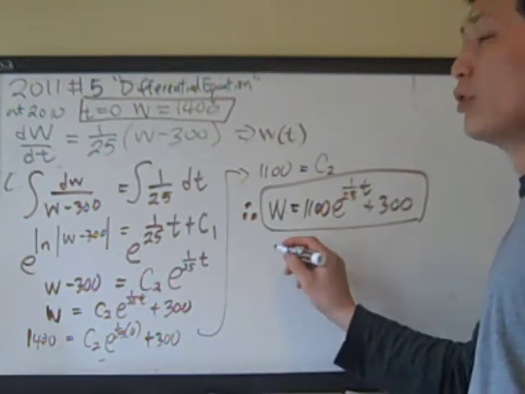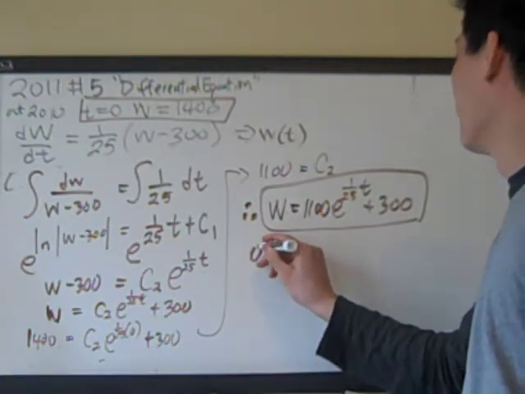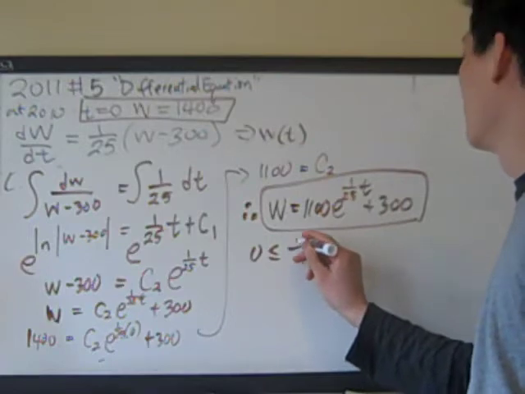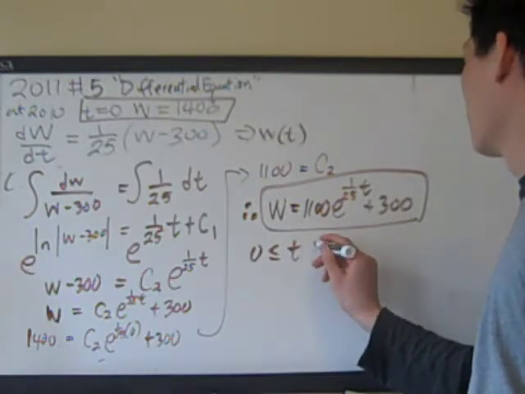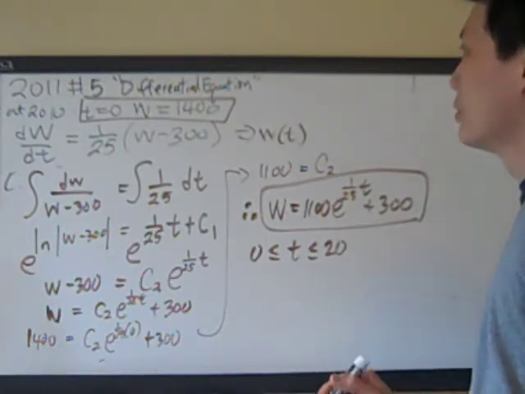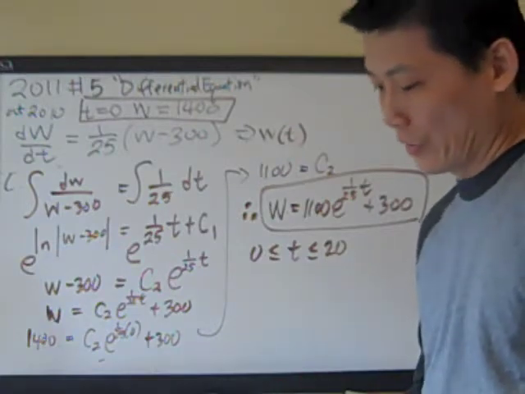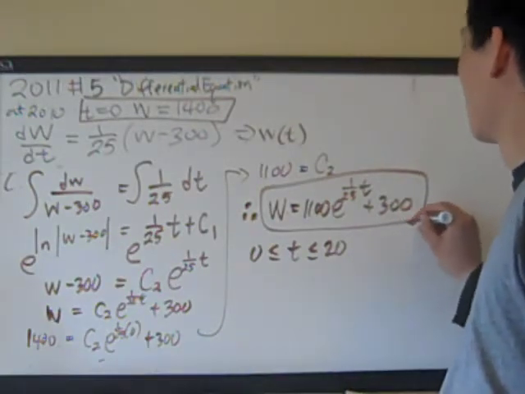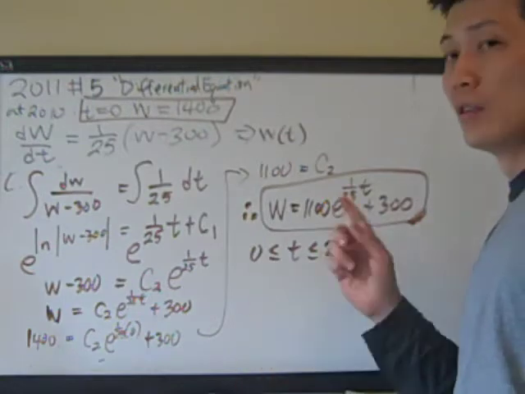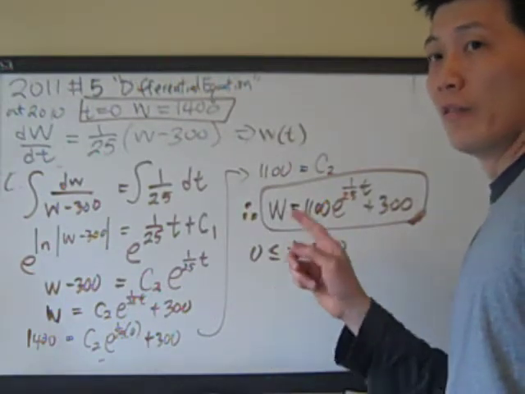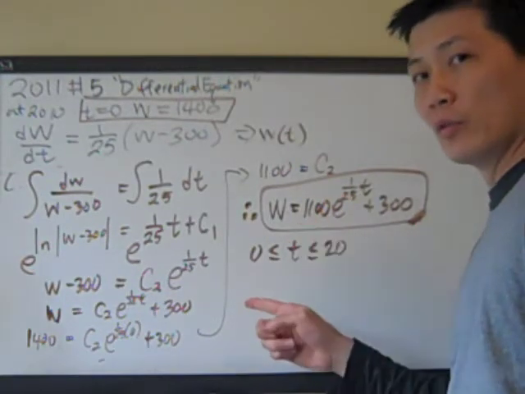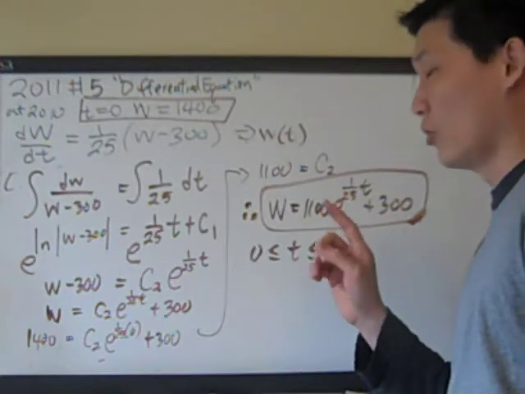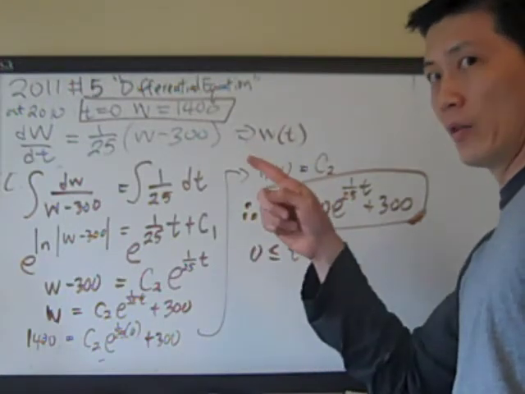And we can say the domain for t is 0 less than or equal to t less than or equal to 20, because we're talking about 20 years. And this is our answer. You see, this is probably the 5 easiest points you can get on this entire section in 2011.